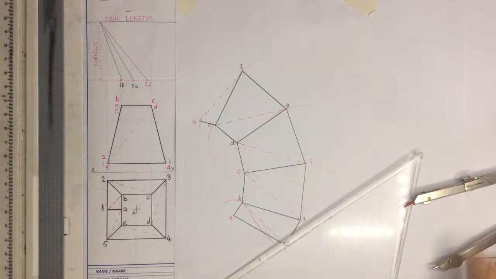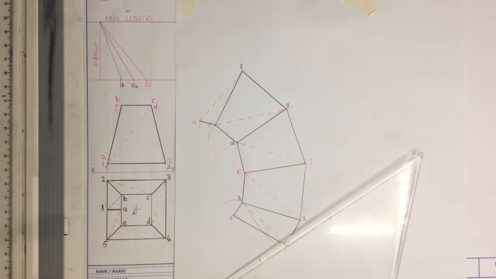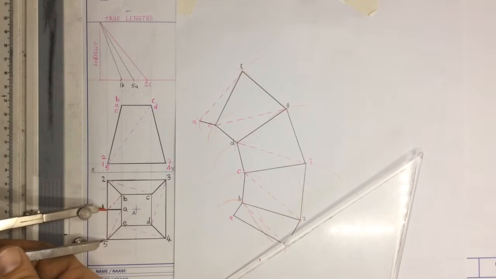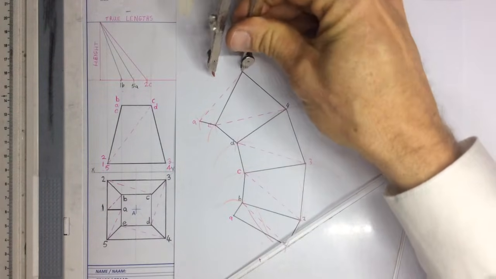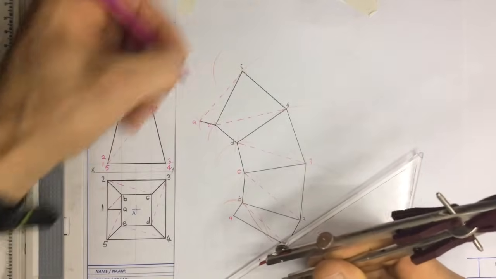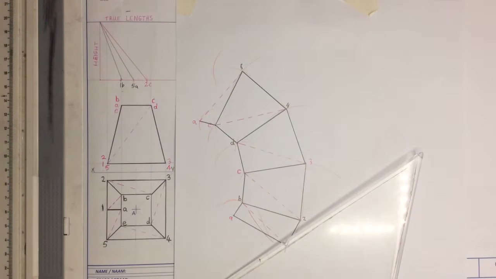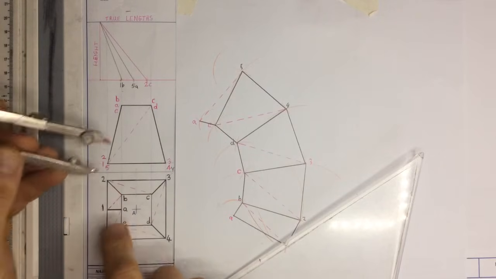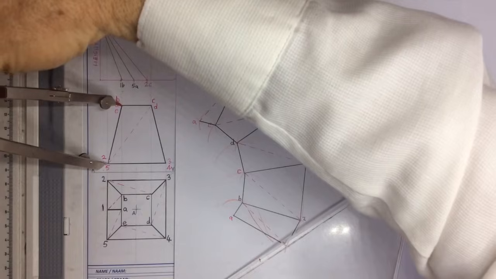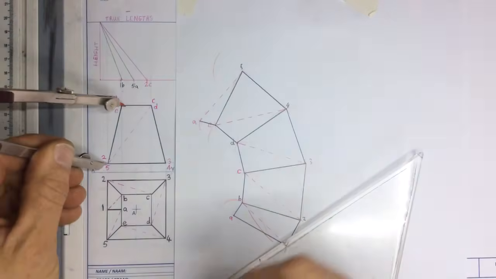Right, once I've got that, I need the true length distance between 1 and 5. Right, there's my true length distance between 1 and 5. Come along here, arc off, and I should have 1 somewhere along that line. I need the true length distance between A and 1. I said that that is parallel, so I come back here, and I know that this length over here is a true length, so 1A over there.